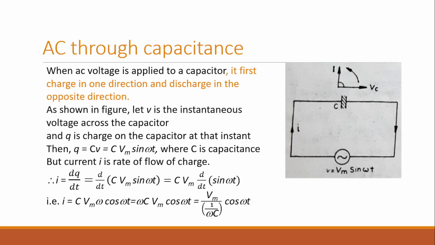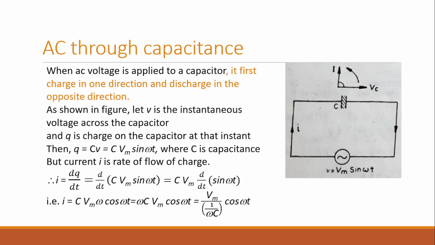Now cos omega t can be written as sin(omega t plus pi by 2), since cos theta equals sin(90 plus theta). In radians it is pi by 2 plus theta, that means pi by 2 plus omega t. So cos omega t is written as sin(omega t plus pi by 2), and in this way we have I equal to Im sin(omega t plus pi by 2).